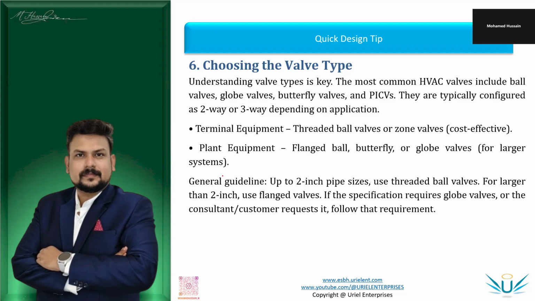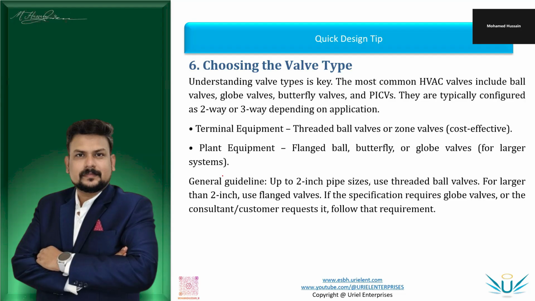After collecting it, we are going to size the valve for the AHU equipment. What kind of valve do we have to provide there? Because in the market we have different kinds of valves: ball valves, globe valves, butterfly valves, or PAC valves. But I don't know how to choose which valve for which equipment.